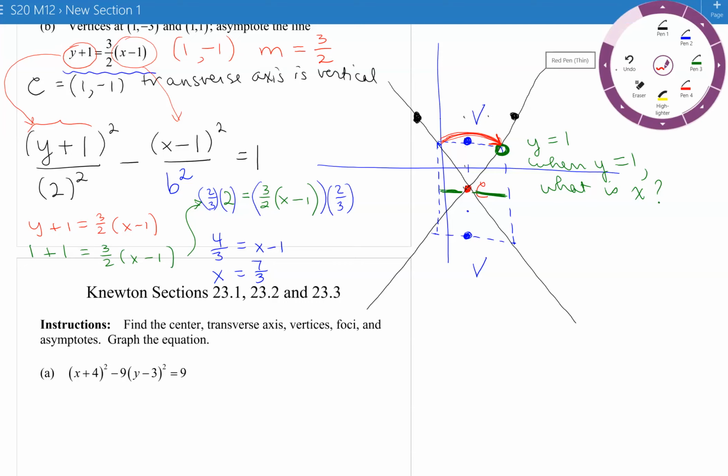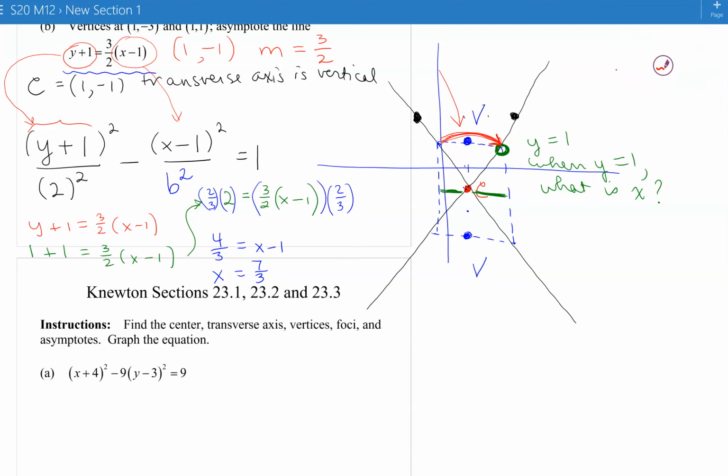So this distance from the y-axis over to the green dot is a distance of 7/3. But we know the center is already over a distance of 1. So this green piece has to be 7/3 minus 1, which is 4/3.